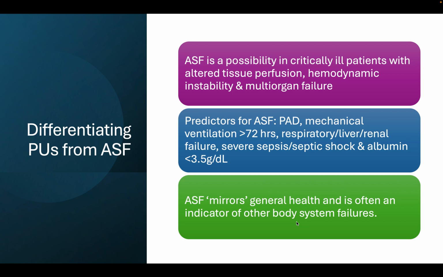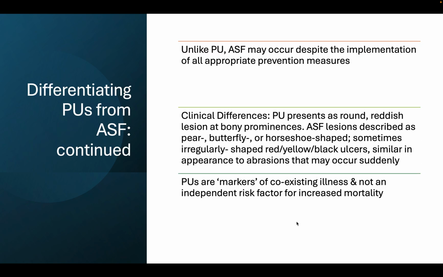And acute skin failure mirrors the general health of the patient, meaning that as the other organs start to fail, the skin as an organ also starts to fail. Unlike pressure ulcers, acute skin failure may occur despite the implementation of all appropriate preventive measures.